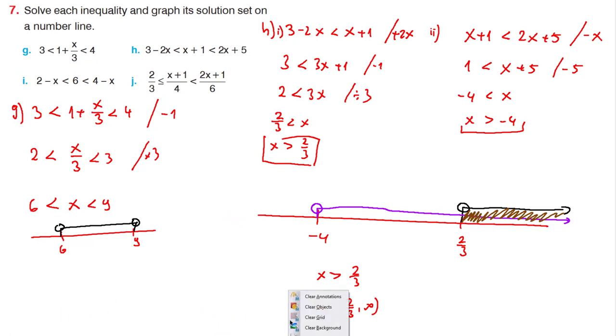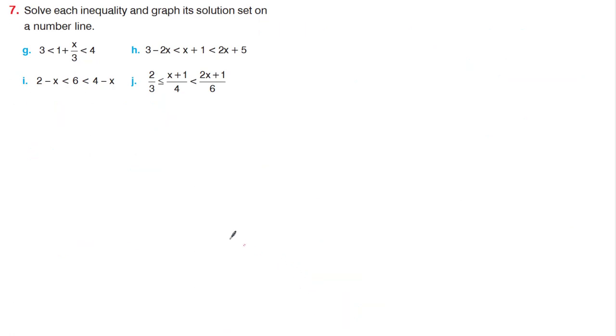Let's continue solving exercise I. On this exercise we can use the previous method. Sometimes it happens that if you just add x, you will get 2 is less than 6 plus x is less than 4.